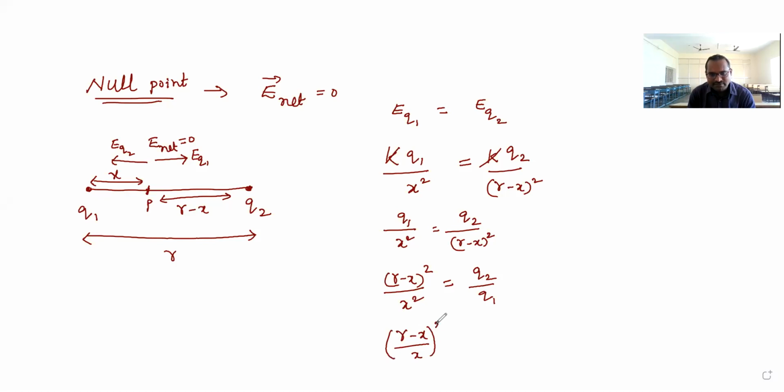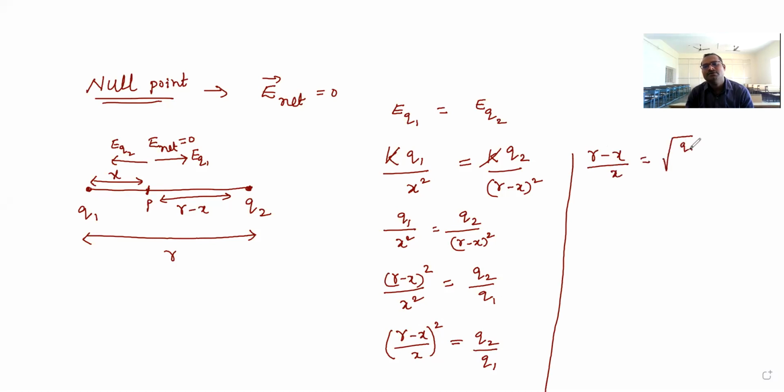Yes, a square by b square can be written as a by b whole square, which is equal to Q2 by Q1. So taking the square root on that side, you will get r minus x by x is equal to under root of Q2 by Q1. Dividing by x, you will get r by x minus x by x, which is 1, is equal to under root of Q2 by Q1.